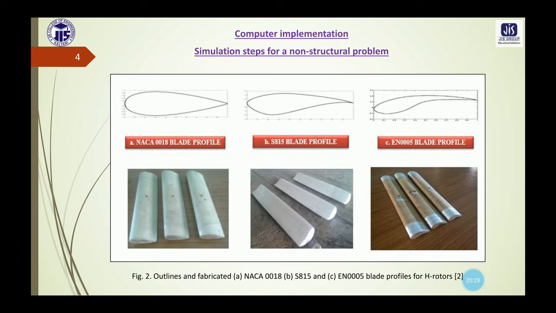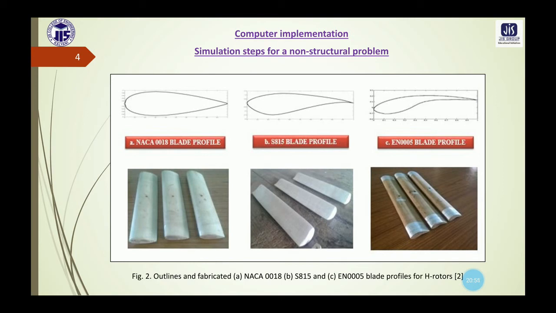So these are the three different blades which are selected based on their experimental result, where it is seen that they are popularly used in case of the wind turbine, so that a standard or significant amount of power coefficient is achieved.